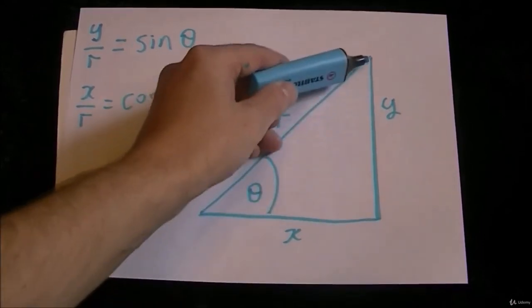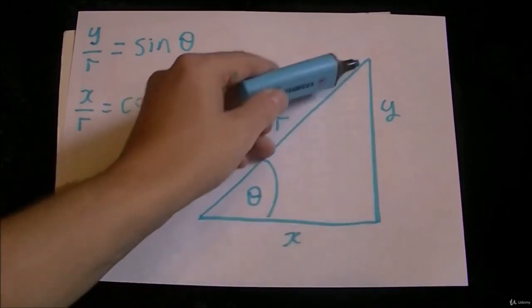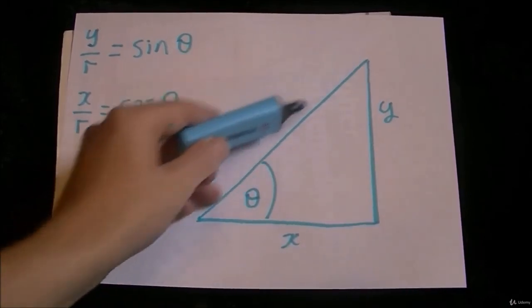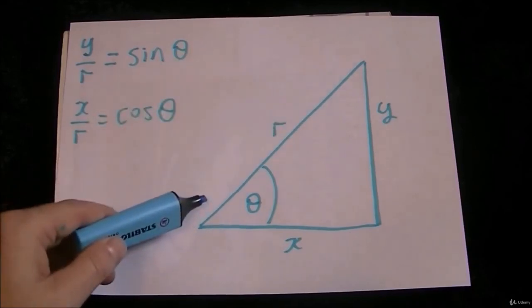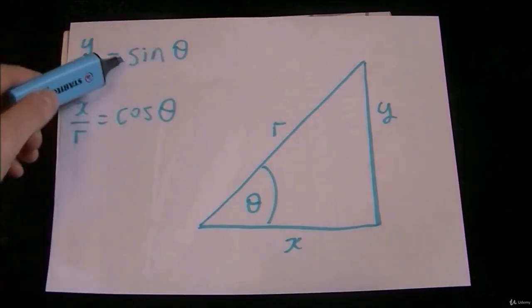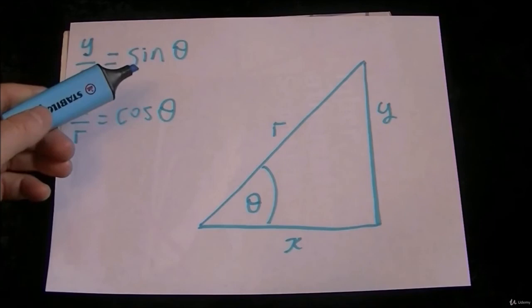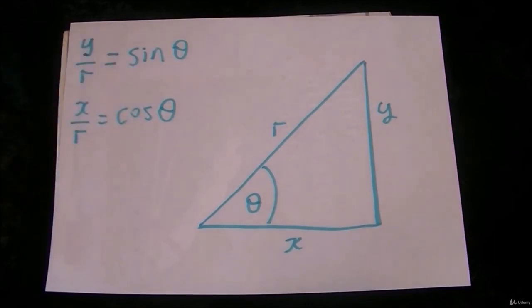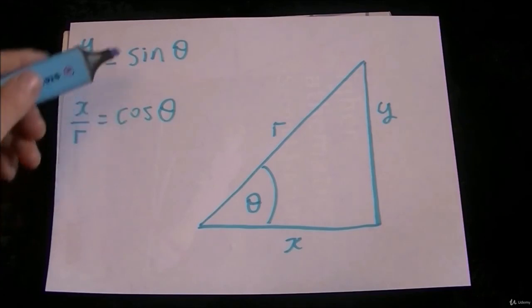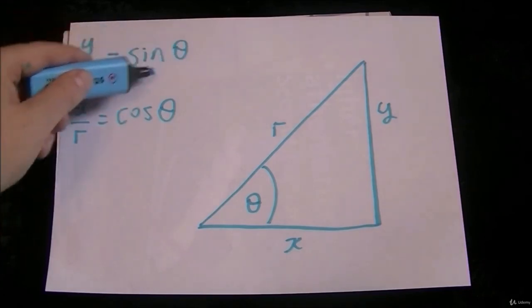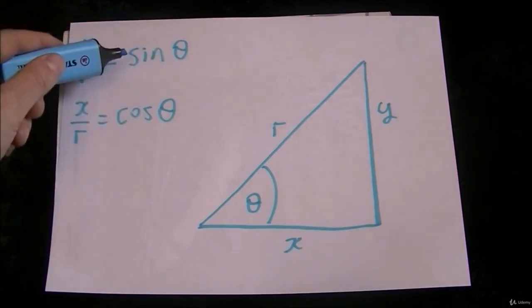We could have looked at the ratio of y upon r. We give that ratio y upon r another name and we call it the sine. So instead of writing out the ratio of y to r, we replace that with the word sine.